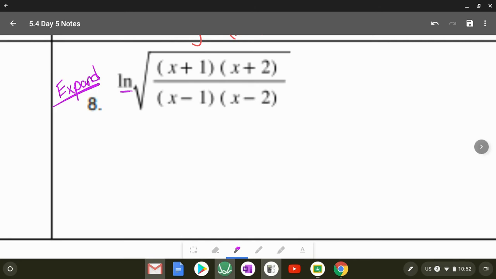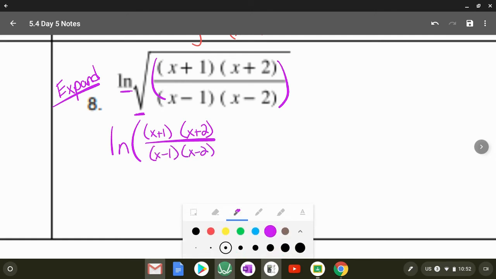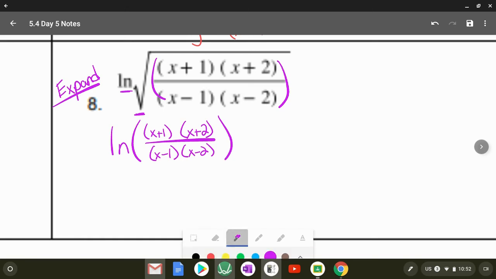So the first thing we want to do is we notice all of these are being affected by this square root. So let's go ahead and rewrite this as the natural log of x plus 1, x plus 2, over x minus 1, x minus 2. But all of these, let's make a big one, all of these are raised to the 1/2. Well, if you know your power rules, when we split this, all these can be to the 1/2.